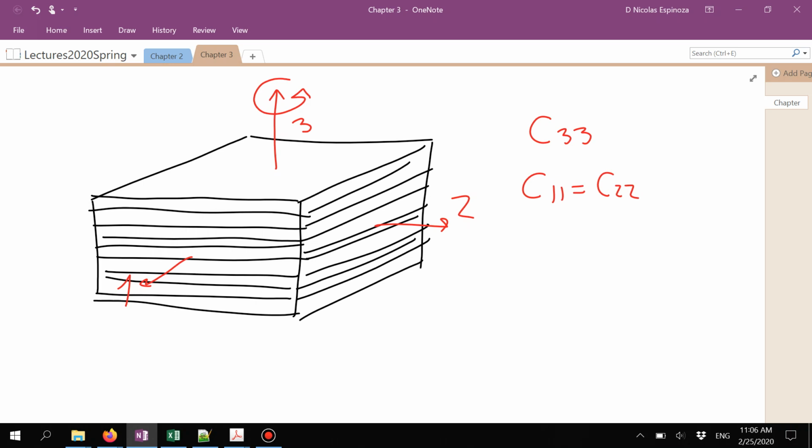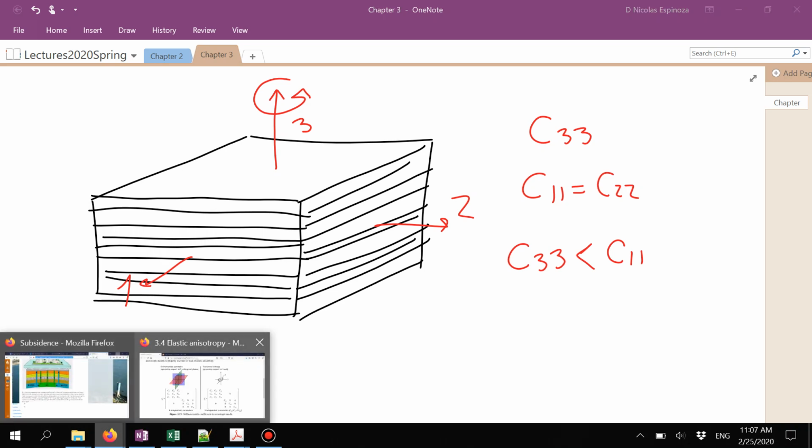And if you remember what we saw before, assuming this is a layer system, we find that in general stiffness in direction 3 is smaller than stiffness in direction 1. And how much that stiffness changes tells you the anisotropy of the solid.